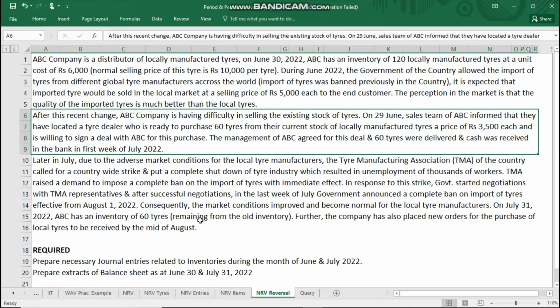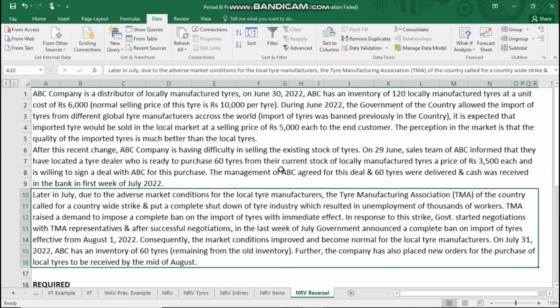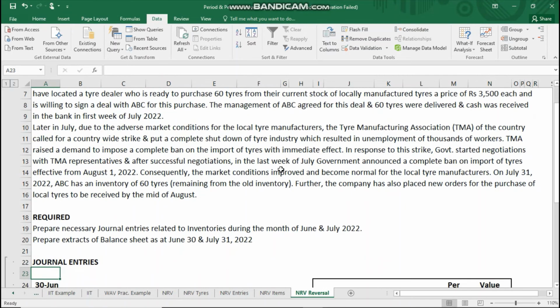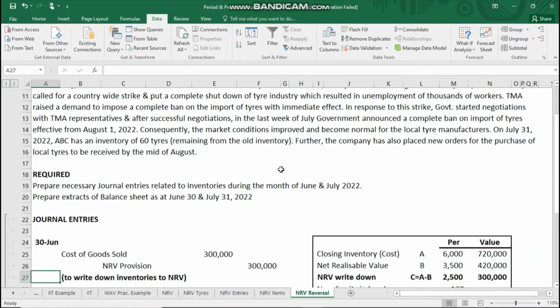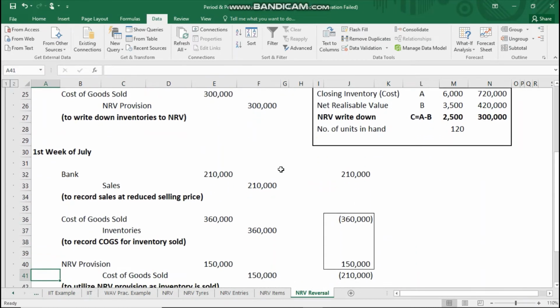Okay, now we'll move to the second part, which is preparation of the extracts of balance sheet. So we have seen the accounting entries in case where the inventories are written down, and then in case the inventories are sold at net realizable value.